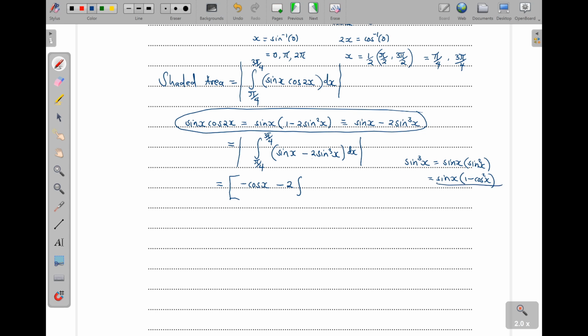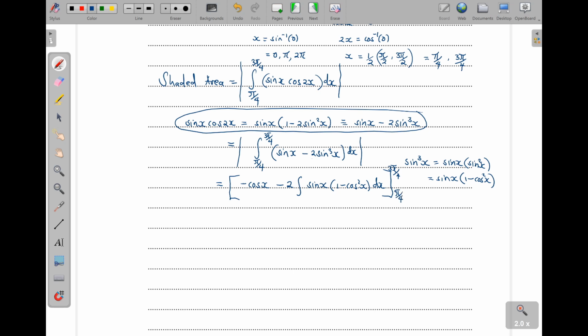Remember, it is sine x here into 1 minus the cosine squared of x, with respect to x. Let me put my limits here: pi over 4, 3 pi over 4, and then pi over 4 here.